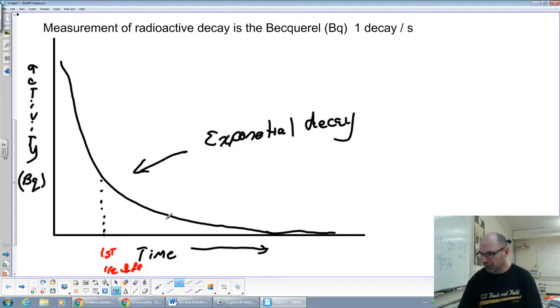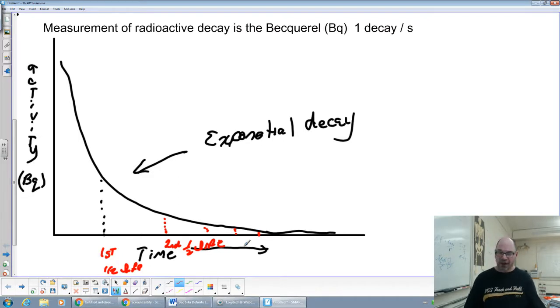Once it's half of that, second half-life, and so on. We keep on getting half and half the amount. Time would be equal, but each time this would be chopping down.